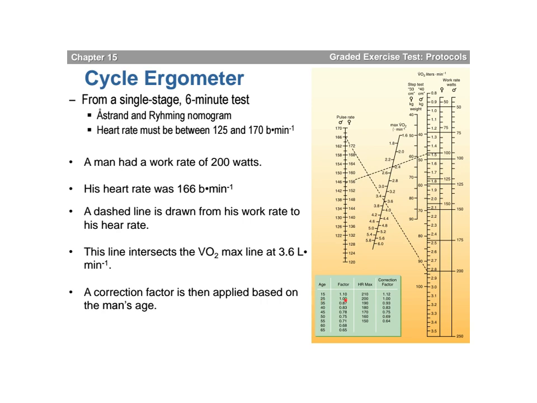Now, you have to correct based on age. So let's say the person's 40. Then you would take this value of 3.6 and you'd multiply it by a correction factor, which in this case would be 0.75. And so that would yield a lower VO2 max value.